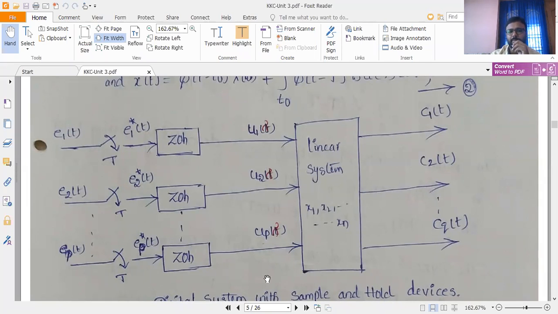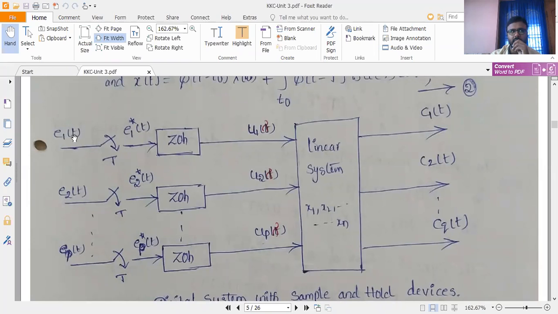So this particular linear system is in cascaded position to the sample and hold devices, which are zero order hold devices. Therefore, let us suppose the inputs to the samplers are taken as e1 of t, e2 of t and so on, ep of t.